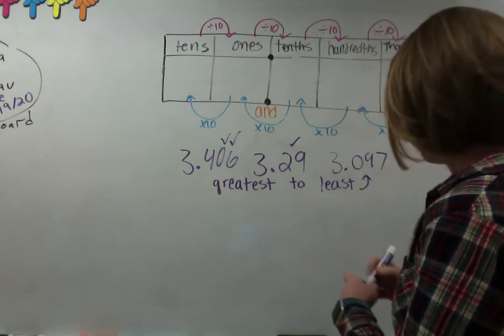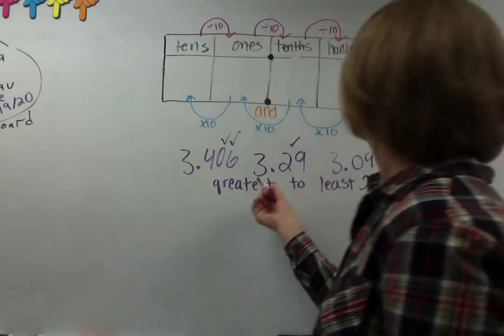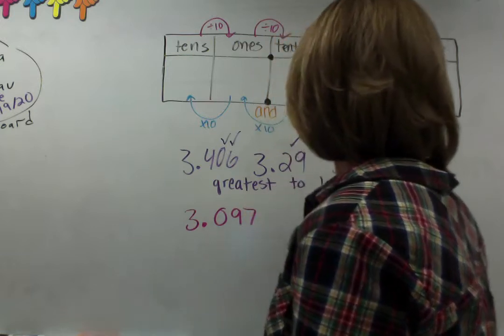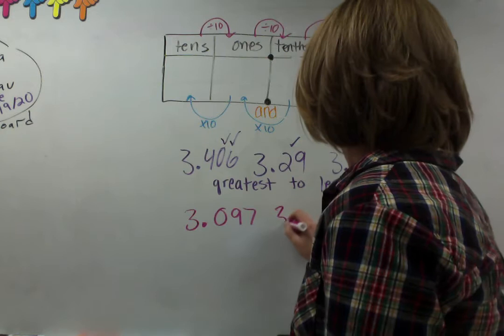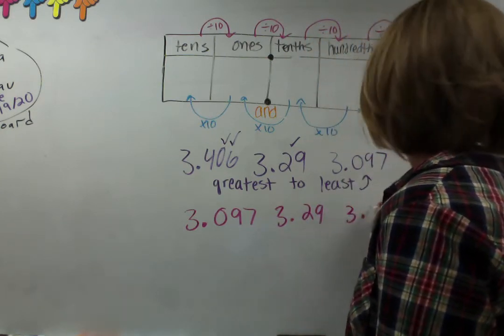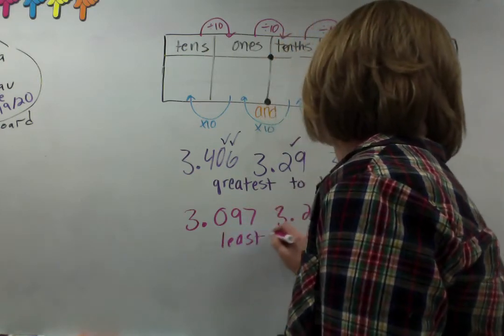So that's what the purple one is. And of course, very simply, if I was putting it in order from least to greatest, I would just flip them around and put the one with the least value that's worth less first. The middle one would still stay in the middle, and then the greatest one would go at the end. And this would be in order from least to greatest.